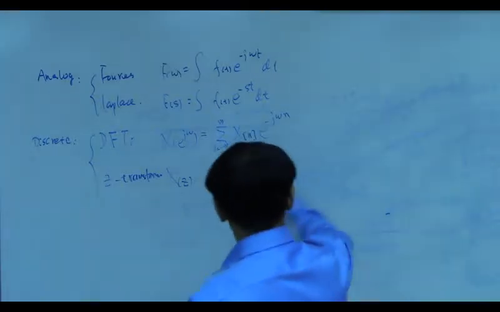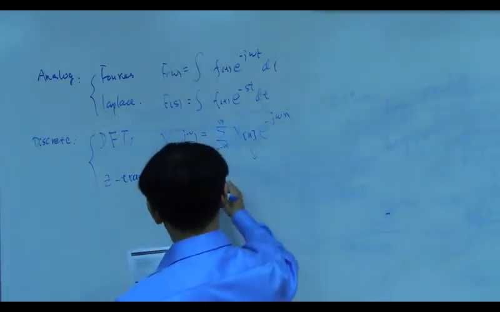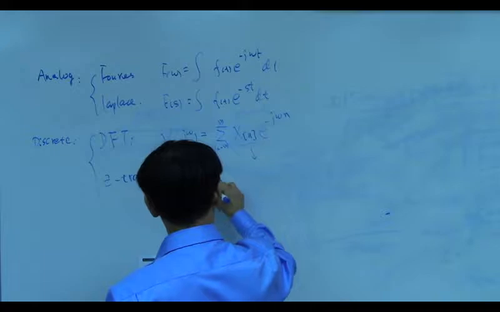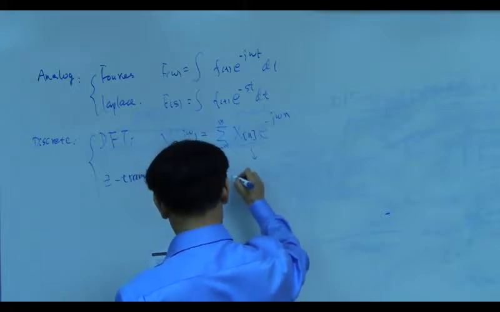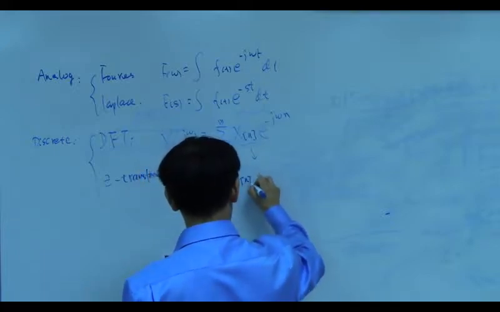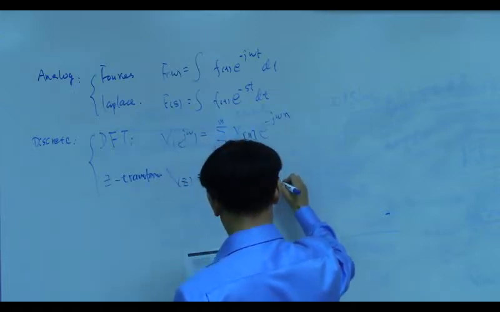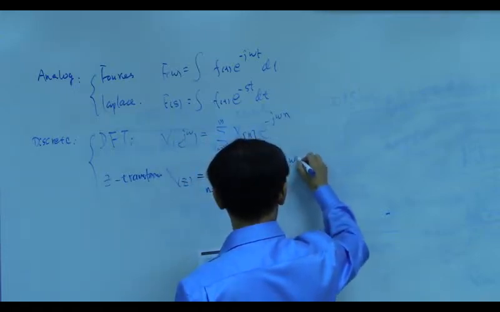So the formula is the sum from negative infinity to positive infinity of x[n] times r to the negative n times e to the negative j omega n.